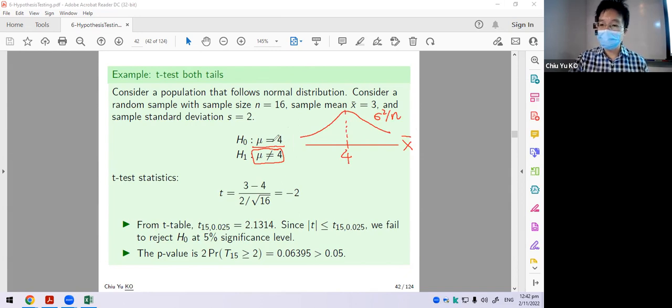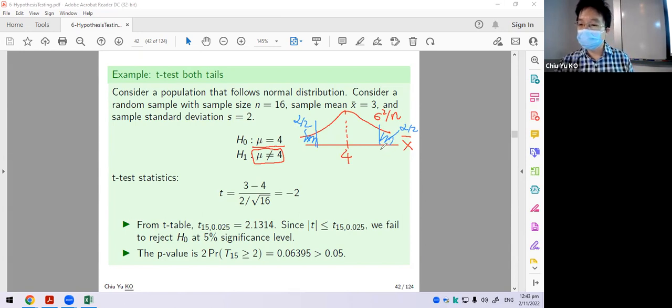Before we collect the data, we say we reject if it is too small compared to 4 or too big compared to 4, because we don't know which side. Any evidence showing that it's too big or too small from 4, then you reject. And how do you assign? You assign alpha over 2 on both sides, because anything too large or too small, you reject.